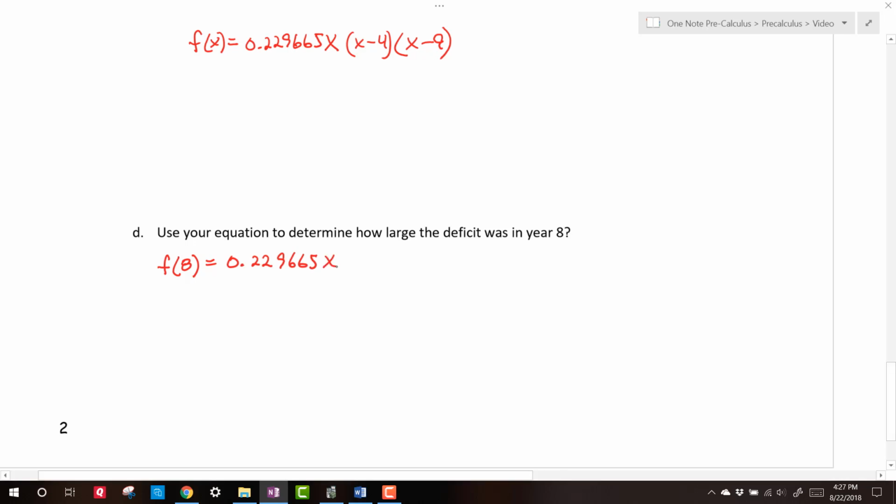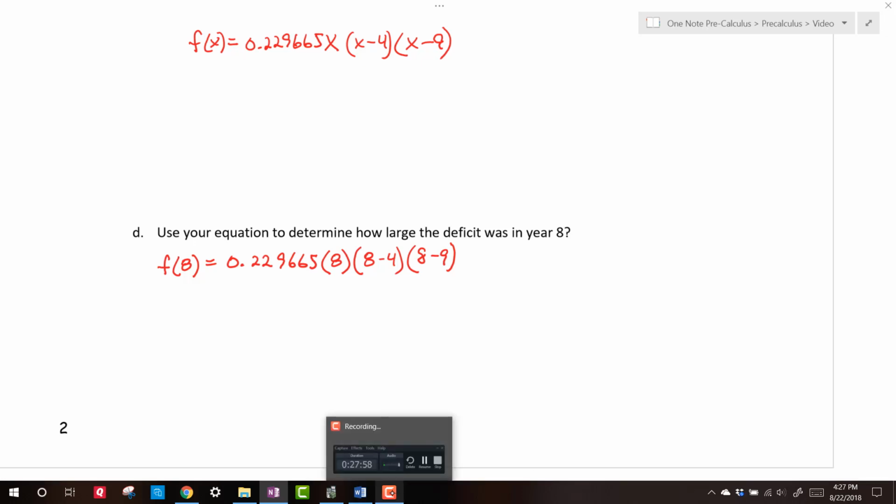Because we were a little bit higher than what it showed in the picture above. All right, so I'm going to plug in 8 for x, so times 8, times 8 minus 4, times 8 minus 9. And literally, I can punch all of that into my calculator just like that with the parentheses and everything. I don't need to do 8 minus 4. I don't need to do 8 minus 9.